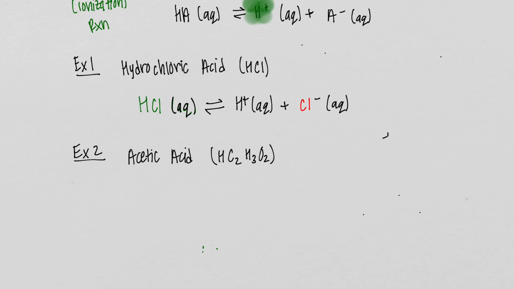So again, we're starting off with our acid. So HC2H3O2, you're just rewriting the acid that you're given. It's aqueous. We have our double arrow showing that it's reversible and at equilibrium. H plus aqueous.